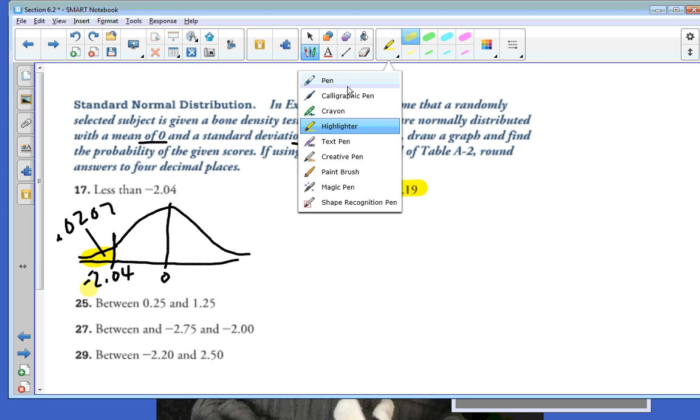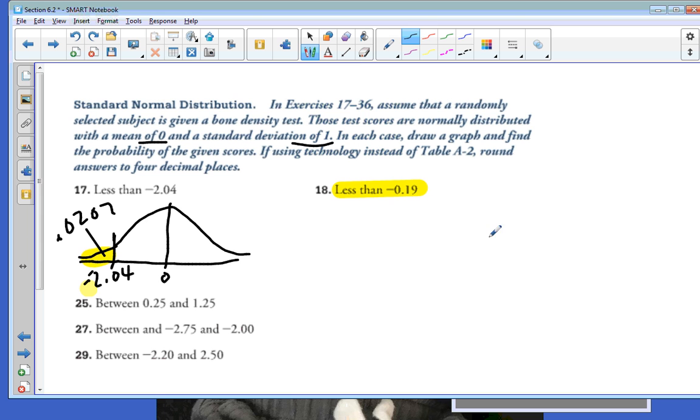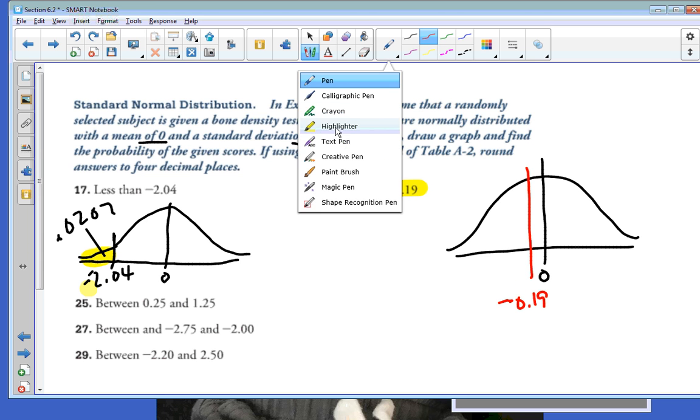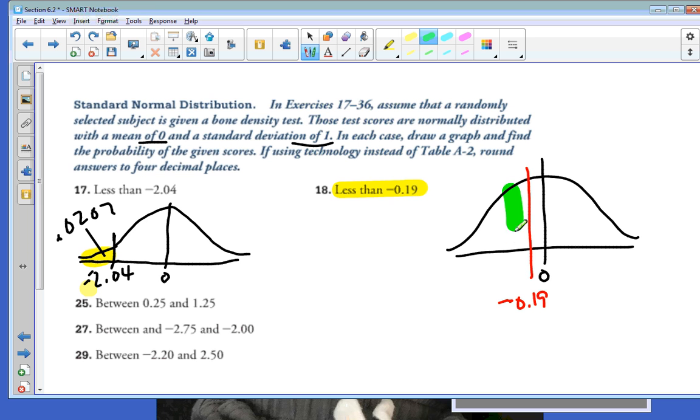I know this is where students get confused a lot of times. So if I draw my normal curve, again, a picture says 1,000 words, that's 0. Well, negative 0.19 is really close to 0, isn't it? So it's going to be really close here, still negative, and I want the area that's less than.